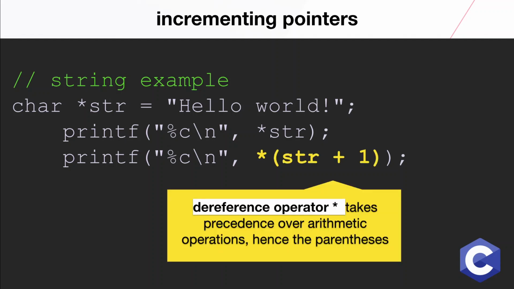Now, one thing to pay attention to: when we are dereferencing a pointer using the star, the dereference operator, when you're thinking about order of operations, it takes precedence over arithmetic operations like addition, subtraction, multiplication, division, etc. Because I want to increment the pointer, go to the next address space, before I dereference it and grab the character at that address space, I do have to put my pointer arithmetic in parentheses to make sure that arithmetic operation happens first.